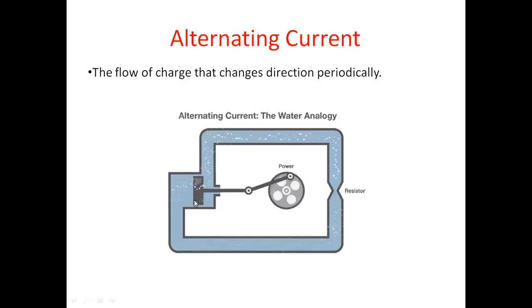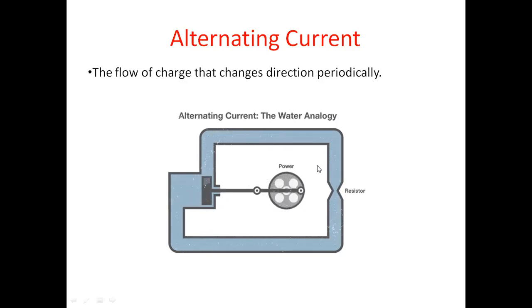Here we can see a mechanical crank which is connected to the piston, and water is flowing in the first half. It is flowing in this direction, and in the second part it is moving in the opposite direction. Here the resistor is mentioned. Here the pipe is pinched, that is pressed, which opposes the flow of water.